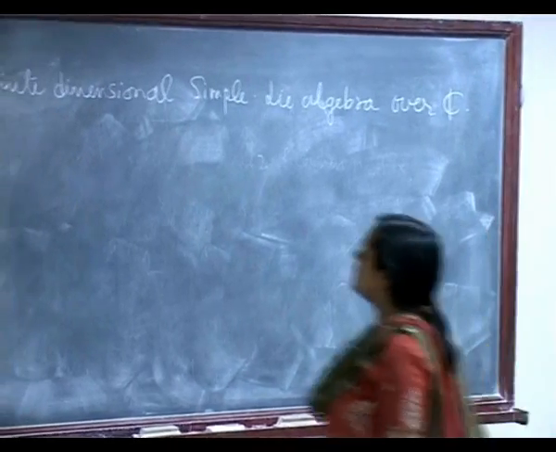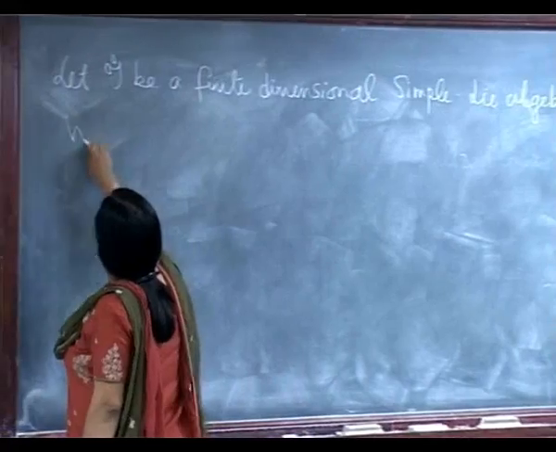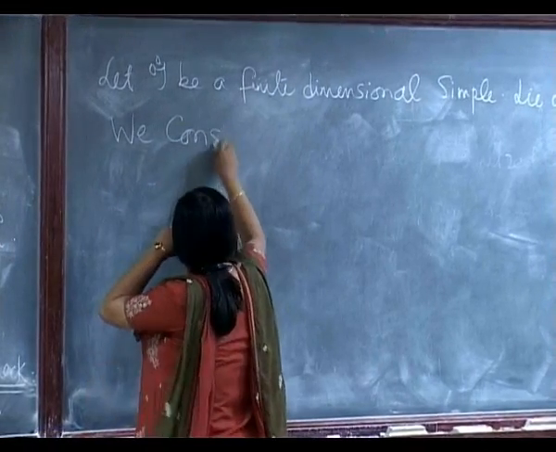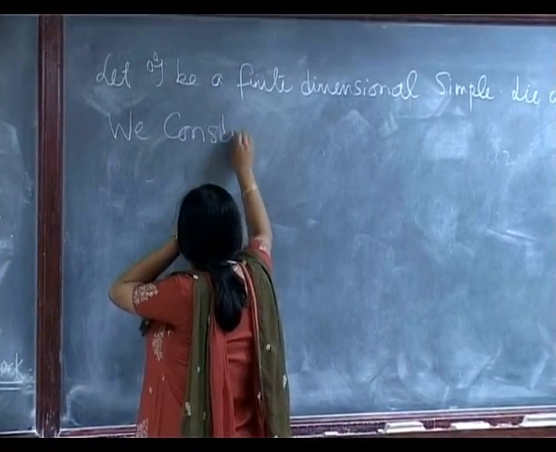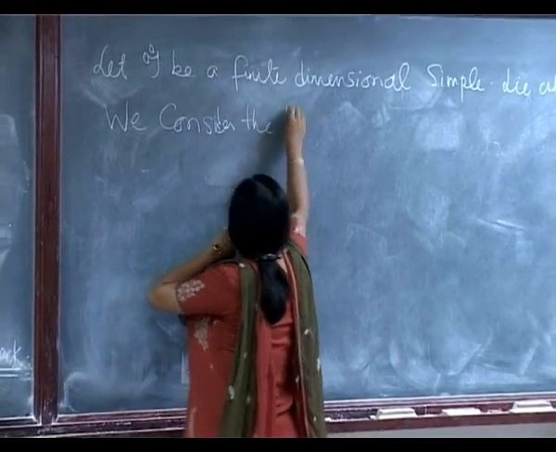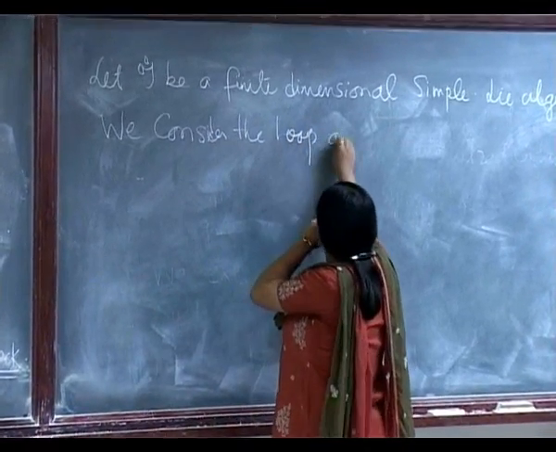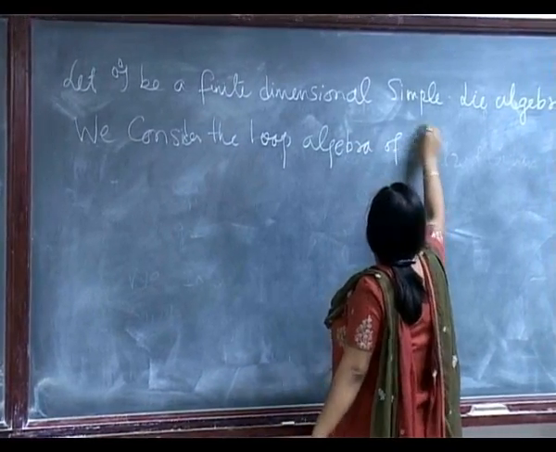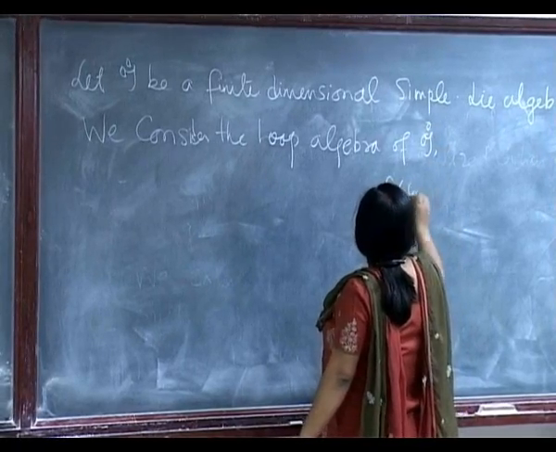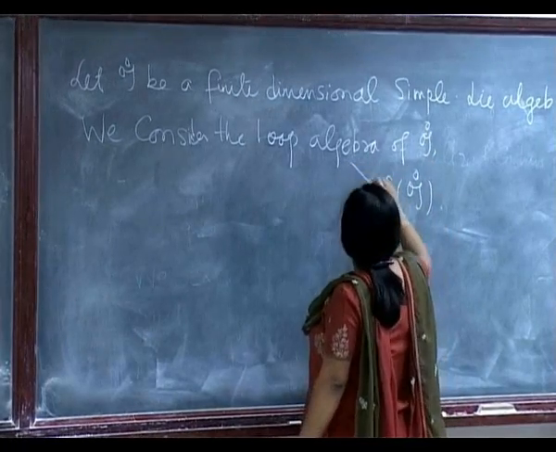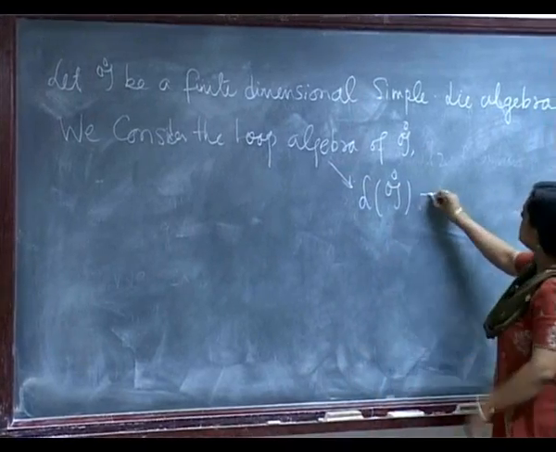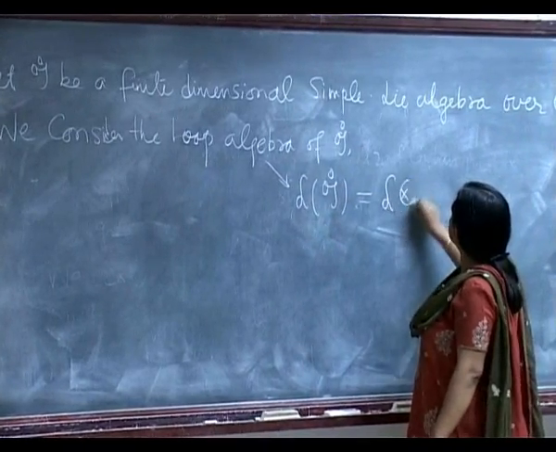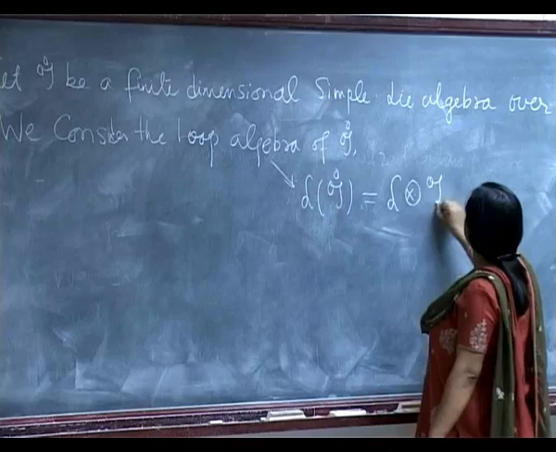So, then we consider the loop algebra of G naught, which we denote by LG naught. This is the loop algebra, and this is L tensor with elements of G naught.